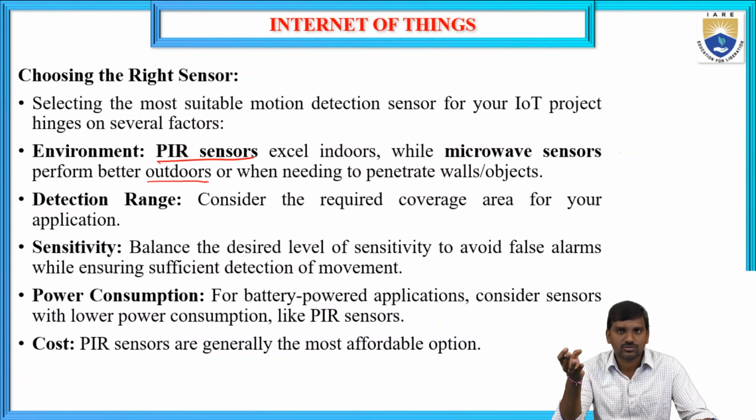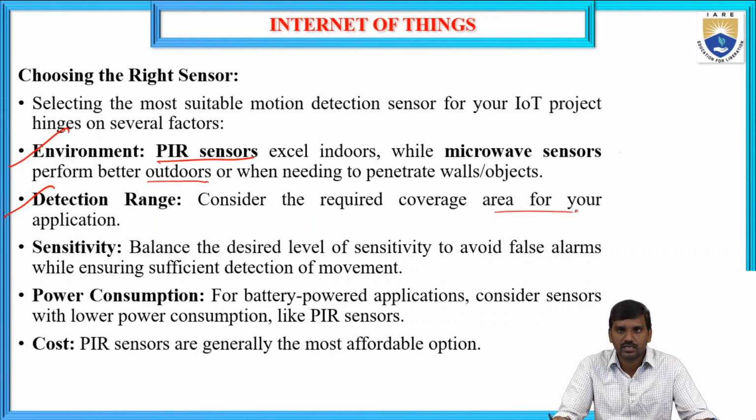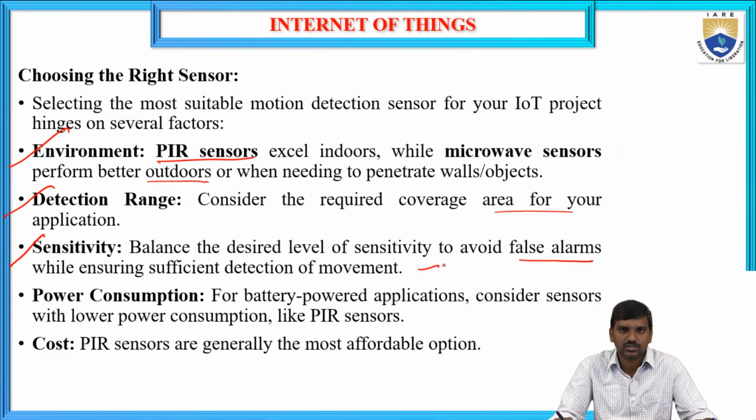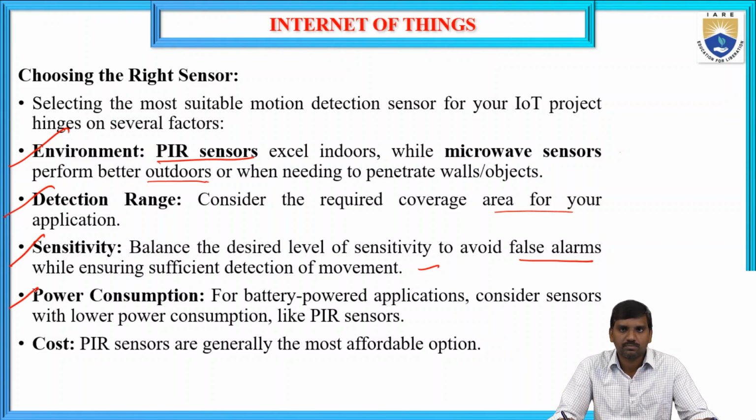And detection range. For detection range, consider the required coverage area for your application. Based on the coverage area of the network, we may choose the detection range. And sensitivity: balance the desired level of sensitivity to avoid false alarms while ensuring efficient detection of movement. Then power consumption: for battery powered applications, consider sensors with low power consumption like PIR sensors.